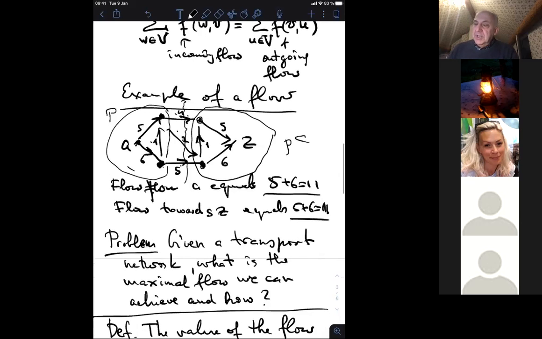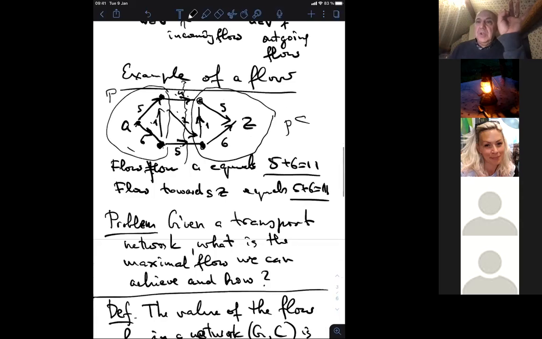And the decomposition of P equals A, and the rest of the vertices belonging to P complement, is one of the possible cuts, of course. And the value of this cut is exactly the definition of the value of the flow.